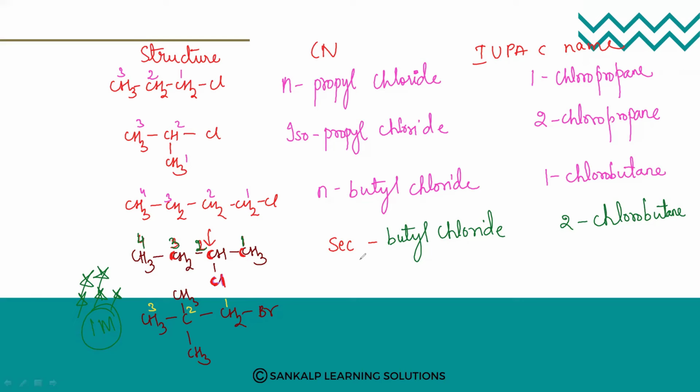Tertiary. Isopropyl bromide. Not tertiary. Isopropyl, no. Okay, CH3, just a second. CH3, CH2, CH3 thrice.